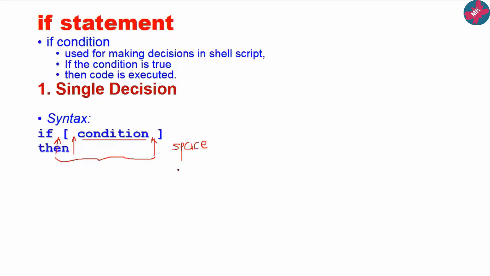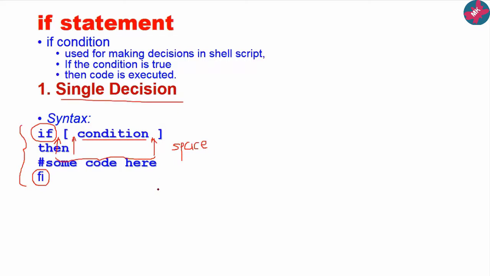Now after putting this condition, then is our normal then statement, then some code is here, and remember the new thing here is that it ends with fi. It begins with if and it ends with fi. So this is the syntax of if for a single decision.